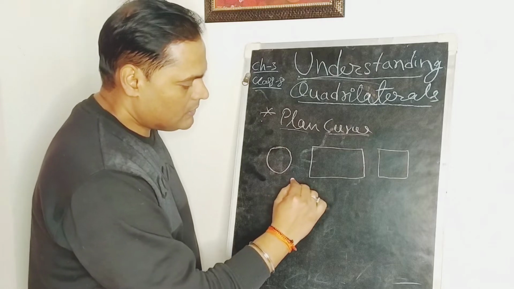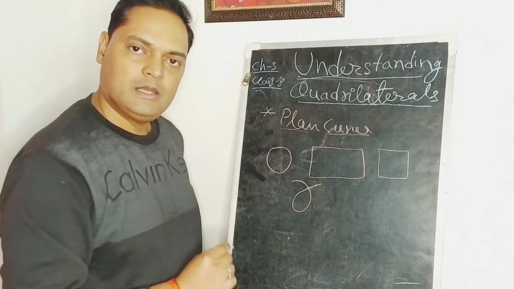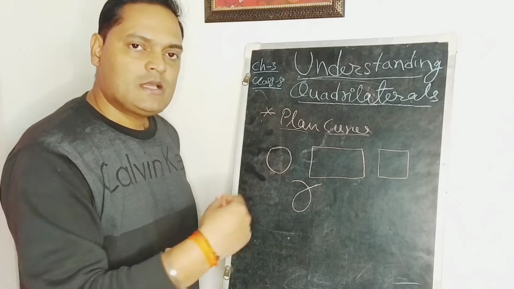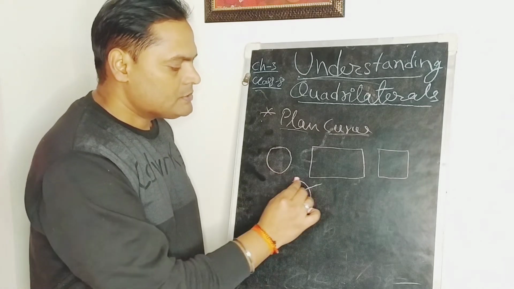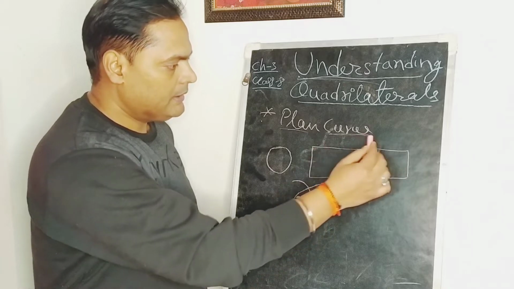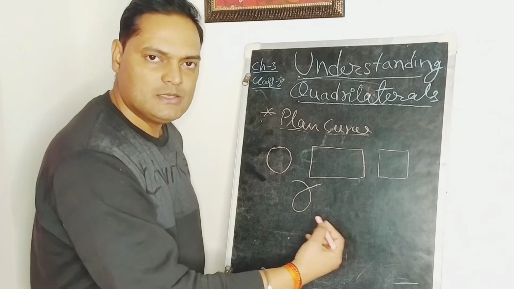Similarly, if I draw like this, it is given in the book as well. I am drawing this to make you understand. This is a plane curve, but it is not so easy to draw.